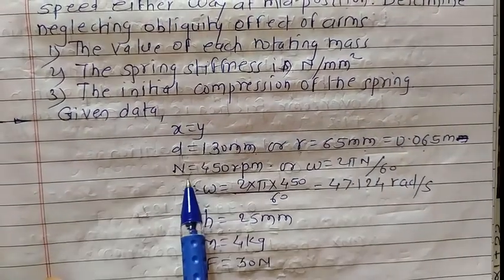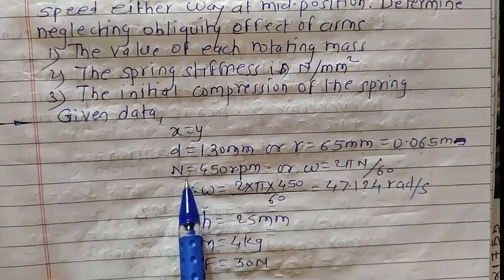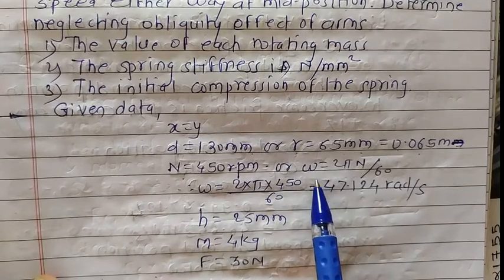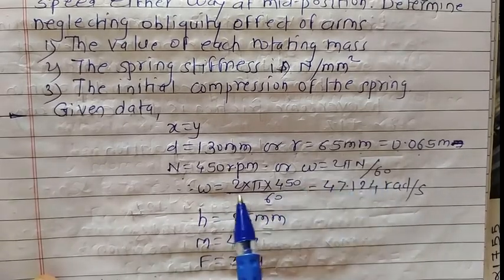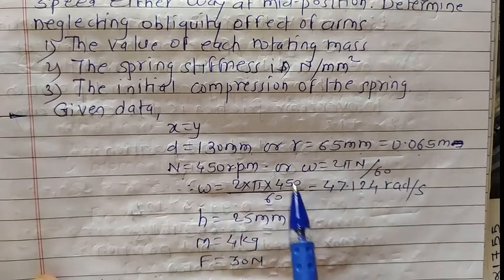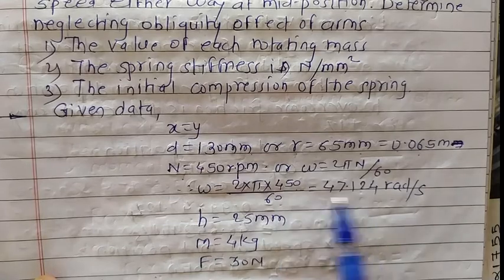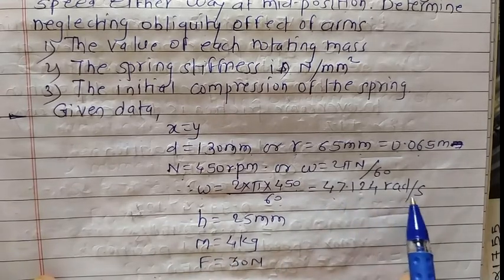Next, the equilibrium speed for the mid position is 450 rpm. So get the corresponding value of omega equals 2 pi N divided by 60. Substituting N as 450, divided by 60, we get omega equals 47.124 radian per second.